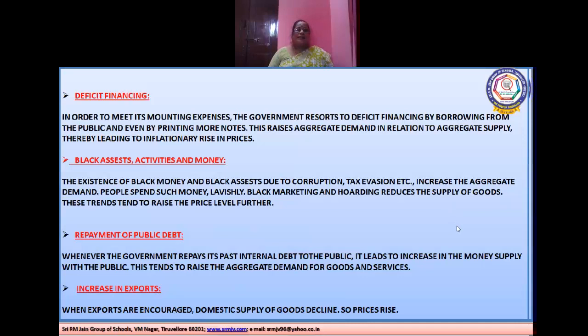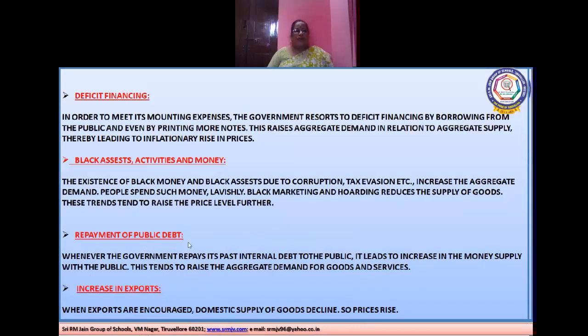Black assets, activities, and money. The existence of black money and black assets due to corruption, tax evasion, etc., increase the aggregate demand. People spend such money lavishly. Black marketing and hoarding reduce the supply of goods. These trends tend to raise the price level further.